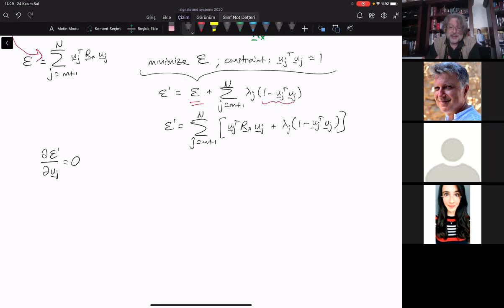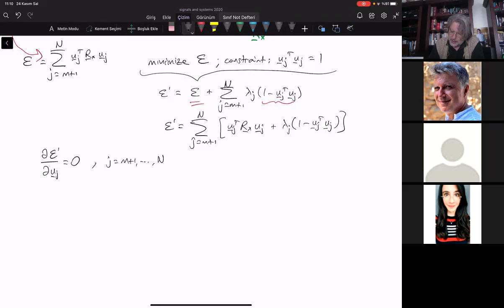So it's the derivative of a scalar with respect to a vector, and equate to 0 for all j from m plus 1 all the way up to capital M. But I can choose m to be anything, so this is actually valid for all j from 1 to m, because I didn't specify what m could be. All right, so this is equal to 0.